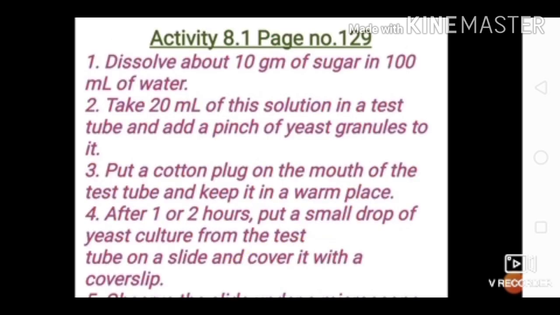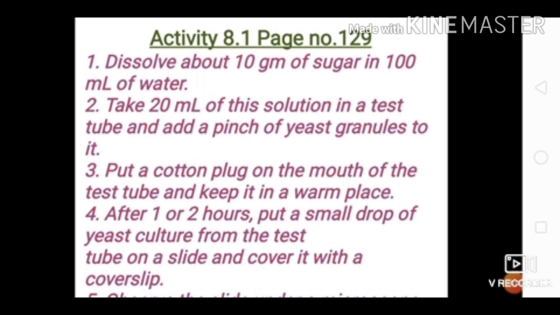Here on the next page there is an activity where we are going to see what we have to do. Here a very simple activity is there. Dissolve about 10 gram of sugar in 100 ml of water. Take 20 ml of this solution in a test tube and add a pinch of yeast granules to it. Put a cotton plug on the mouth of the test tube and keep it in a warm place.